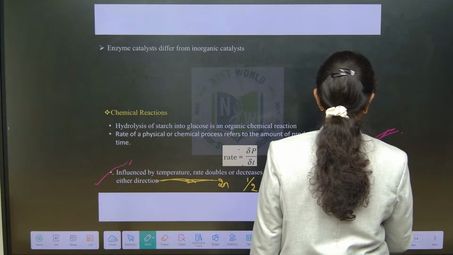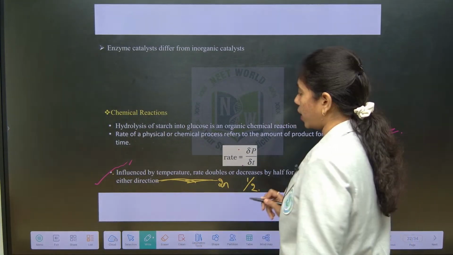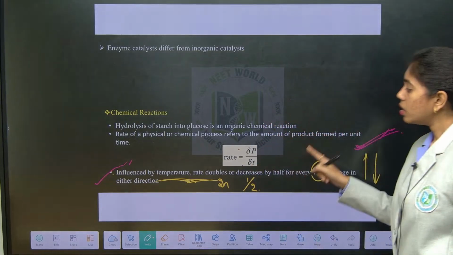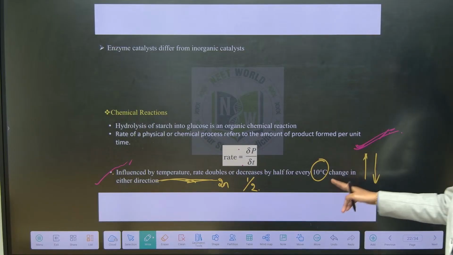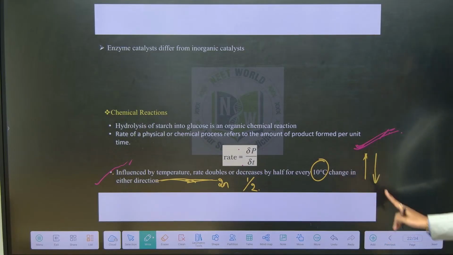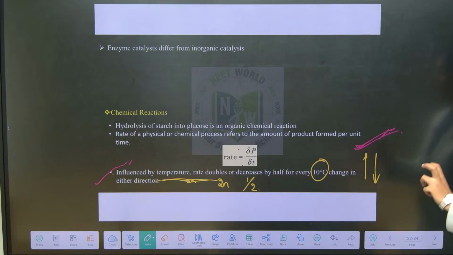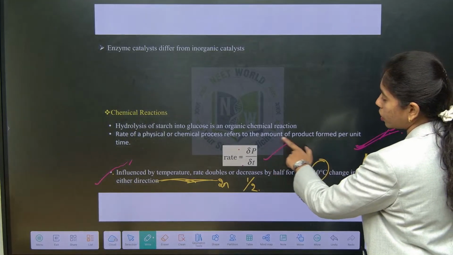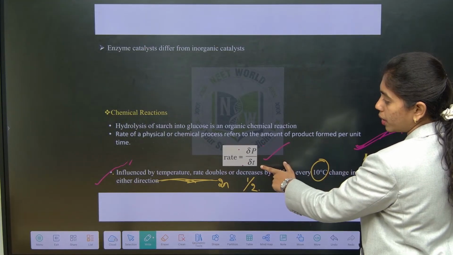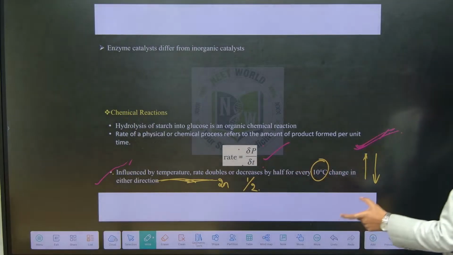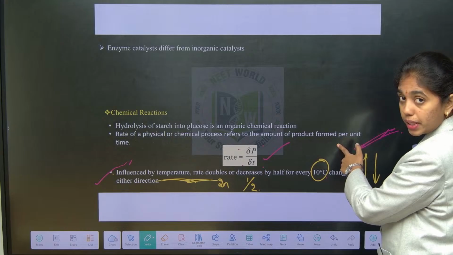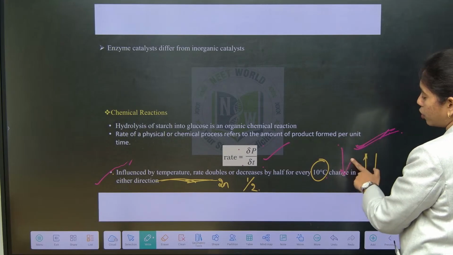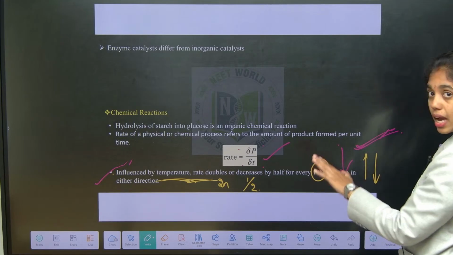Fine, right? So, these are the activities of rate of reaction. How can you identify rate of reaction? Amount of product formed per unit time. What is the influence of temperature? For every 10 degrees Celsius rise, the chemical reaction rate will be doubled. For every 10 degrees Celsius drop, the reaction rate is put to half.